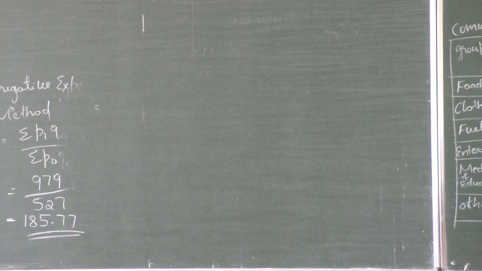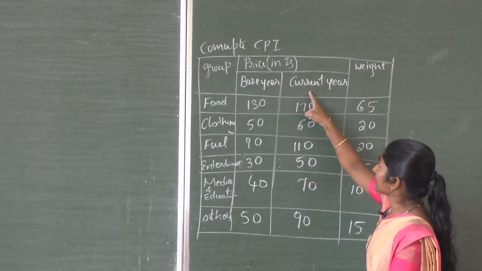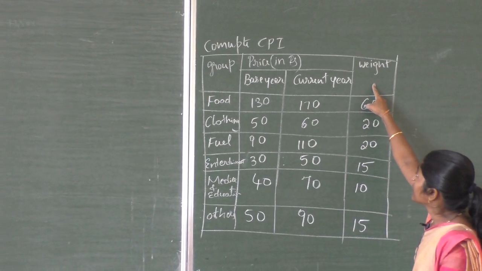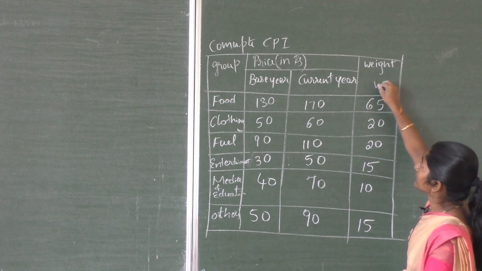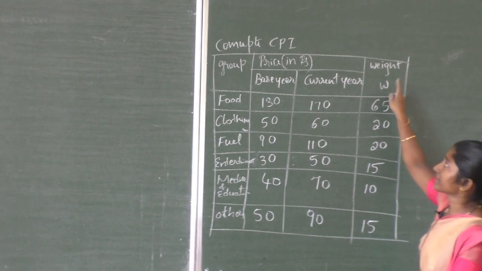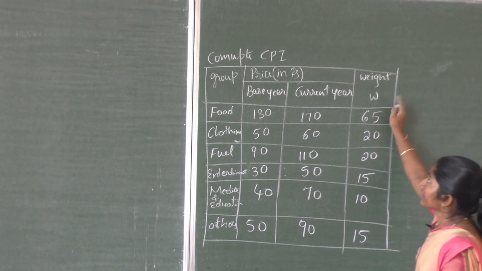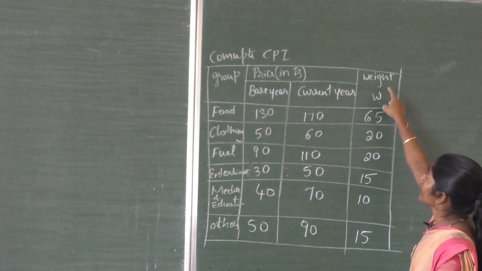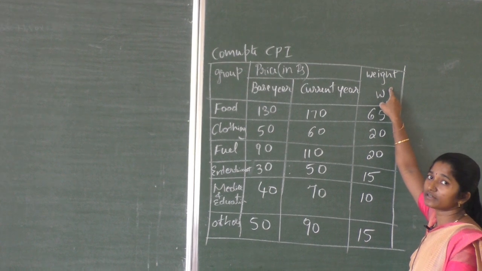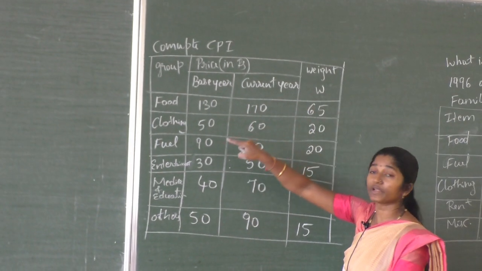Here weights, prices of the base year and current year are given. Weight is given means that is W. W is given means that is the family budget method. If they give aggregative, then the weight is taken as base year P naught into Q naught, as in the previous problem.